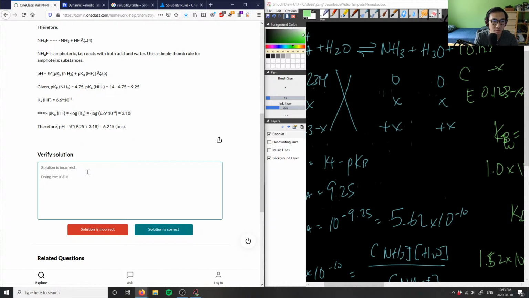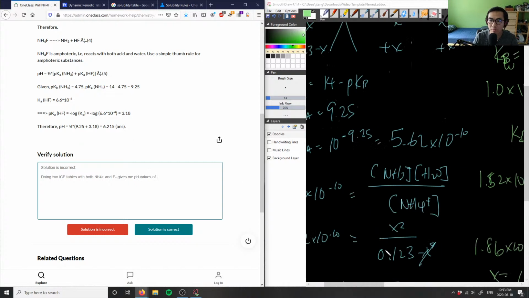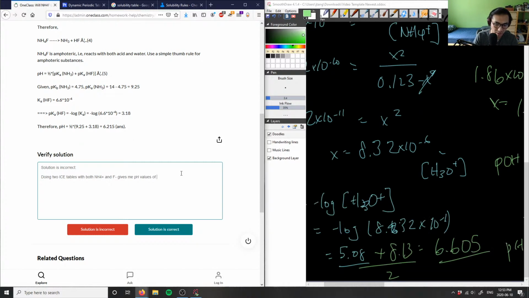Doing two ice tables with both NH4 plus and F minus gives me pH values of 5.08 and 8.13 respectively. The average pH value would be 6.61, which is close to 6.215, but not quite.